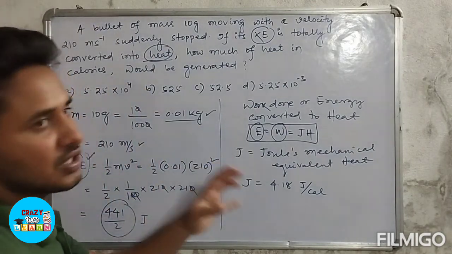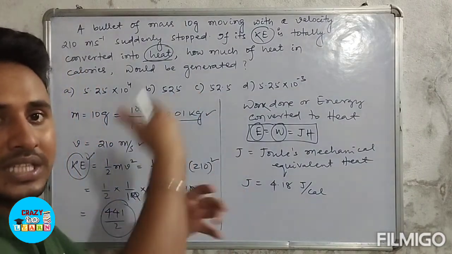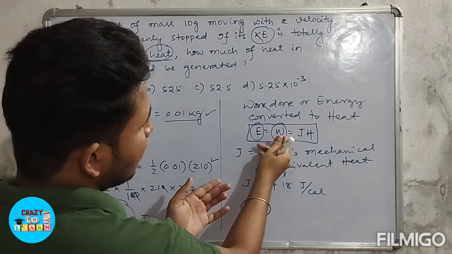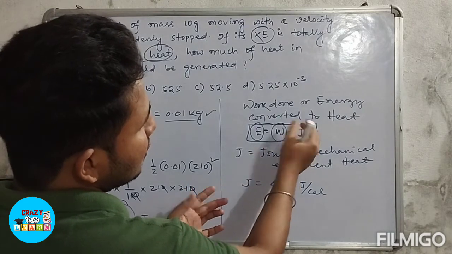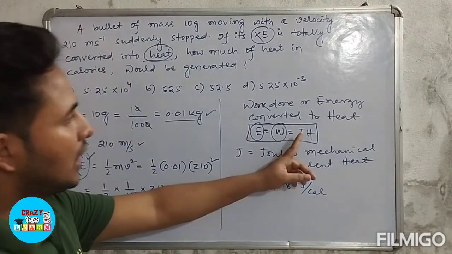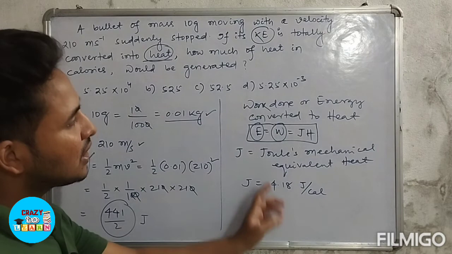Just like we use the universal gravitational constant capital G, here also the work done W is equal to Joule's mechanical equivalent of heat J into heat produced, and J is not a physical quantity here, it is the constant.